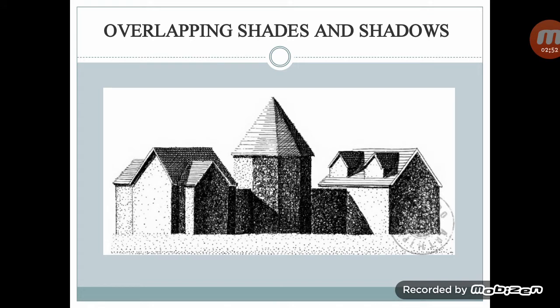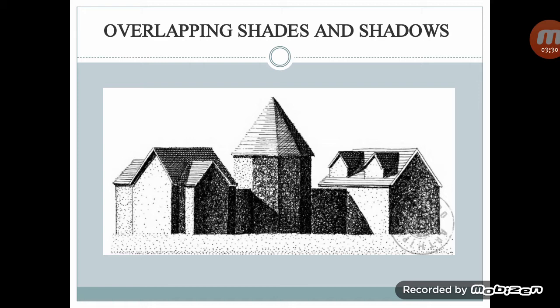Overlapping shades and shadows. Naturally, the shapes and structure of three-dimensional objects can be understood only when viewed in some form of light. But it's really the shades and shadows created by this light that render the shapes readable and discernible.